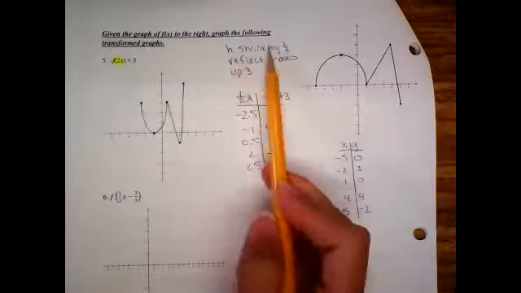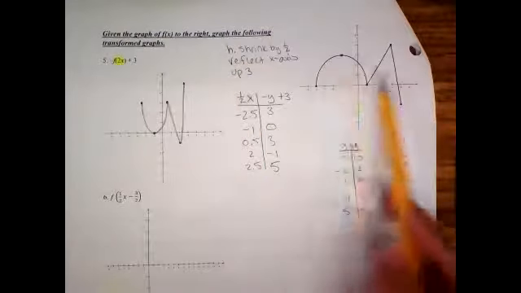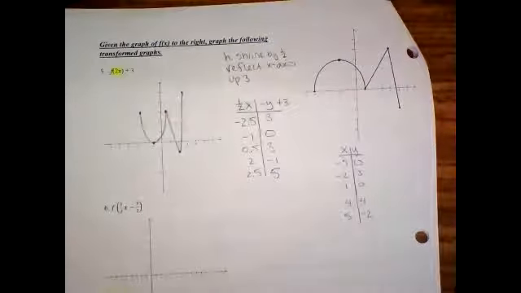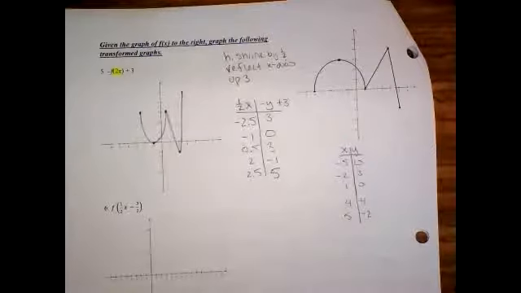If you write these out, you can check, did those things happen? So does it look like we took this graph and horizontally shrunk it? Like, does it look like we compressed it inwards? Like we smushed it? Yeah. Did we flip it upside down? Yeah. And did we move it up 3? Yeah, it went up 3. So that's how you can check, did these things happen?